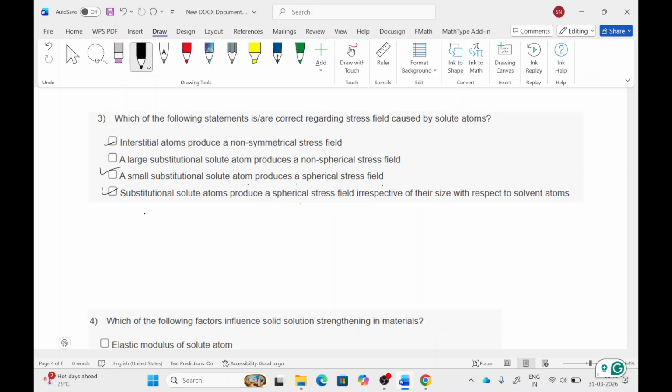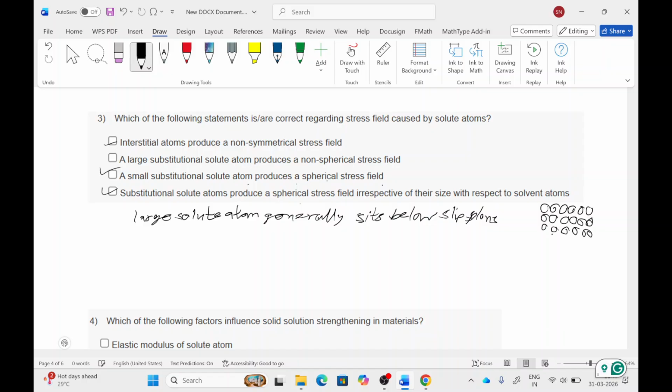So the large solute atom generally sits below the slip plane of the dislocation.